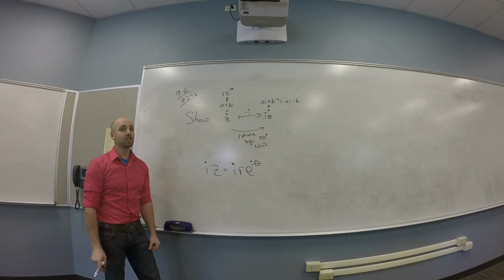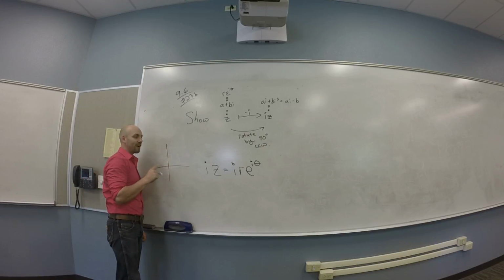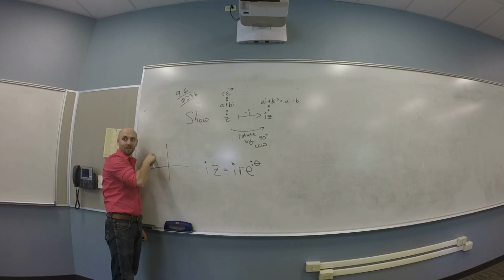And now this is really trippy because I want you to replace i with r e to the i theta and figure out what the theta is. So you have r e to the i theta to the i. If you look at i, where does i sit on the complex plane? I want you to do 0 plus i, plot that point.